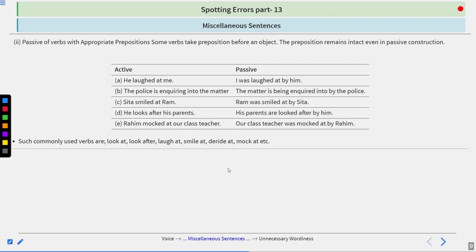The change will be, his parents are looked after by him. Rahim mocked at our class teacher. Our class teacher was mocked at by Rahim. So such commonly used verbs are look at, look after, laugh at, smile at, deride at, mock at. While using these verbs to form passive voice, do not remove the prepositions used with these verbs. I hope you have understood.